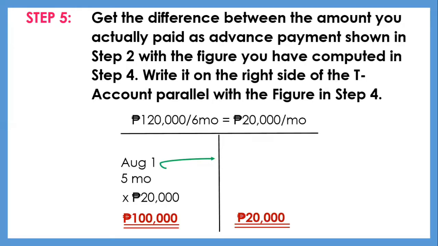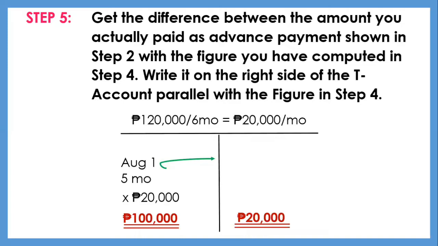So what is meant by this? What is its implication? The 100,000 pesos represents the amount already used by the business as of the demarcation line, which is the end of the accounting period of the company. This is the expense portion of the advance payment at the end of the accounting period.